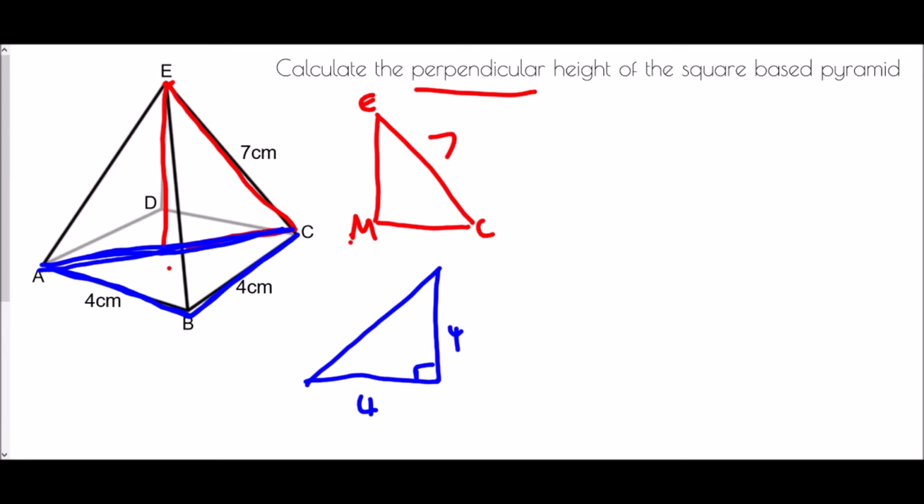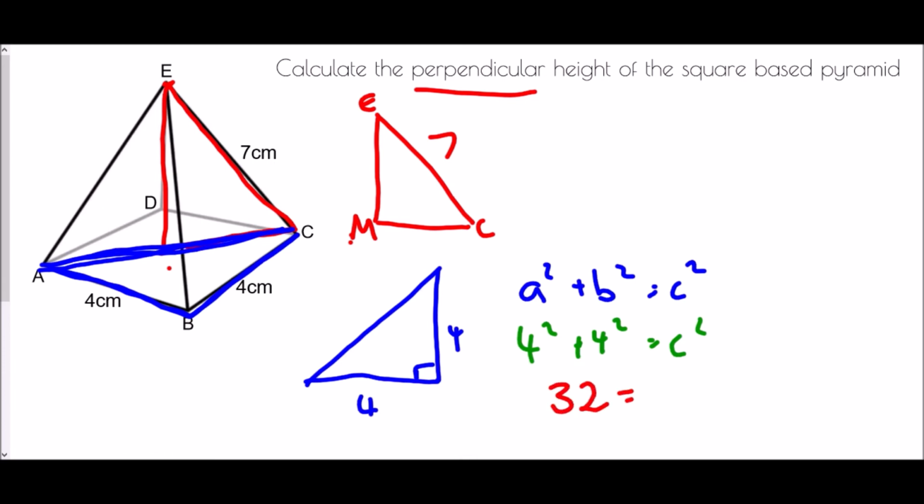And so, if we use our Pythagoras theorem, we've got a squared plus b squared equals c squared, which means we have 4 squared plus 4 squared equals c squared. 4 squared is 16, so 16 plus 16 is 32, so c squared is 32, and therefore we need to find the square root of 32.